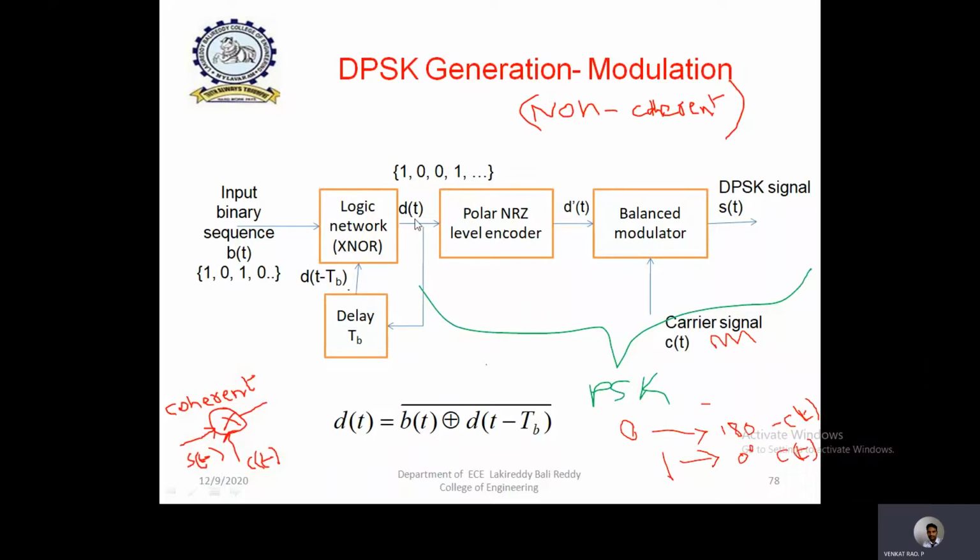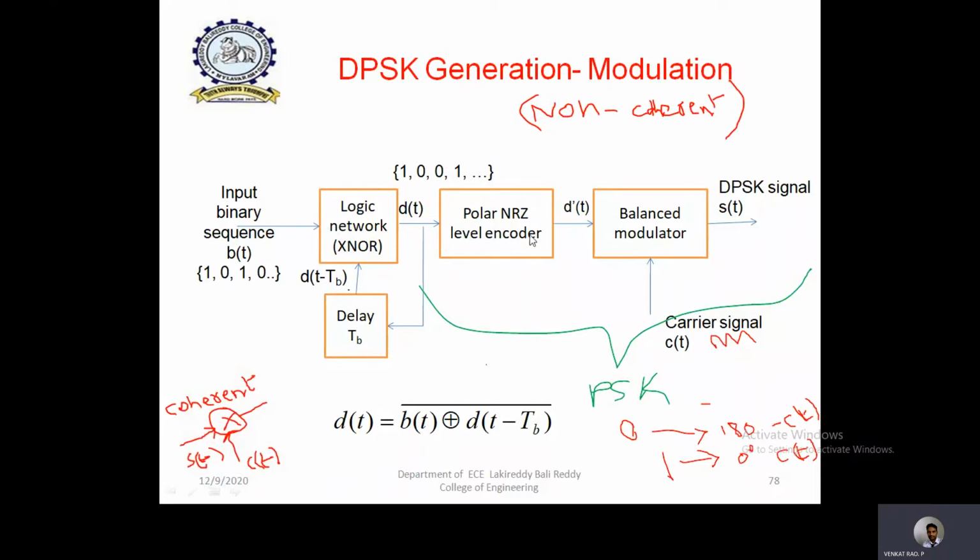In this block diagram, we clearly observe this particular block, which is marked with a green indication. This is nothing but the PSK modulation process. That means in the PSK modulation process, the input digital data, that is ones and zeros, is first converted by an NRZ level encoder.